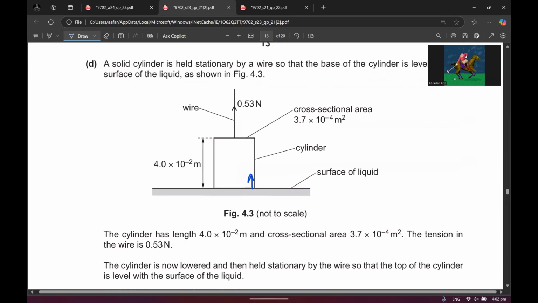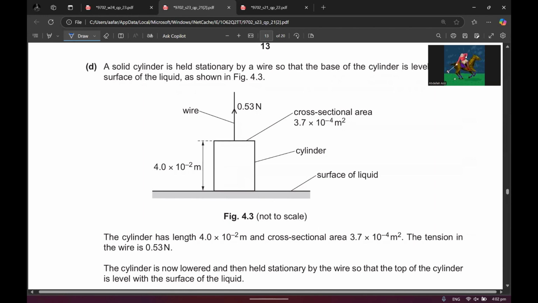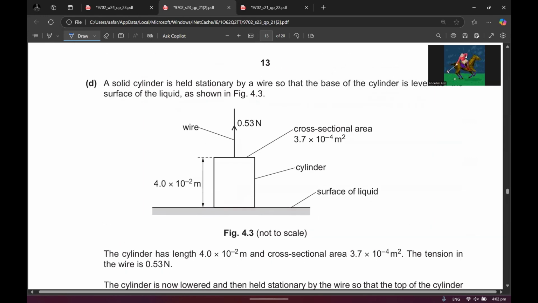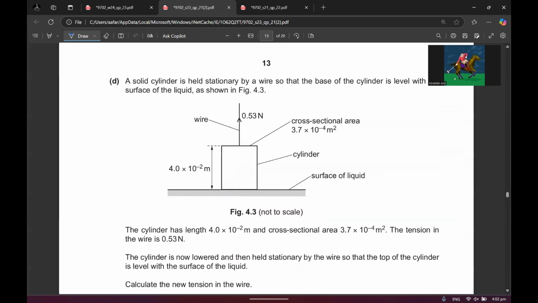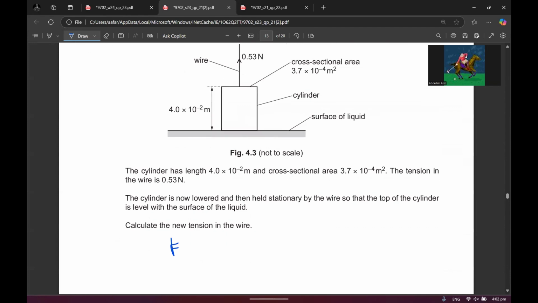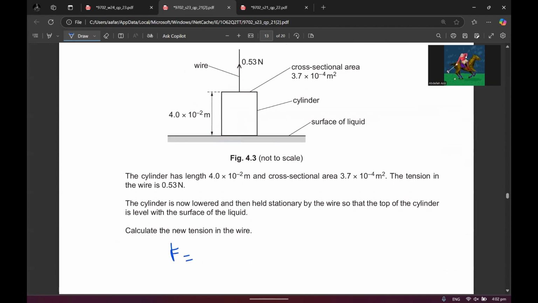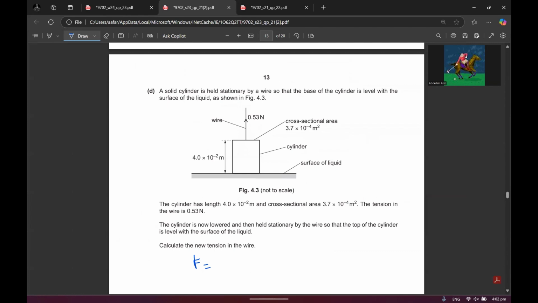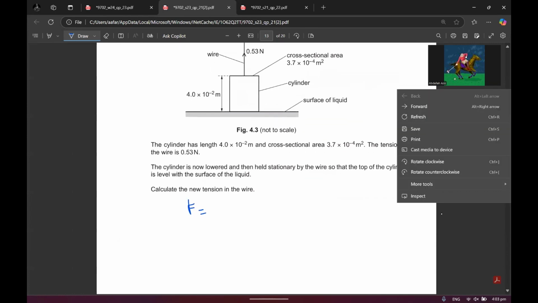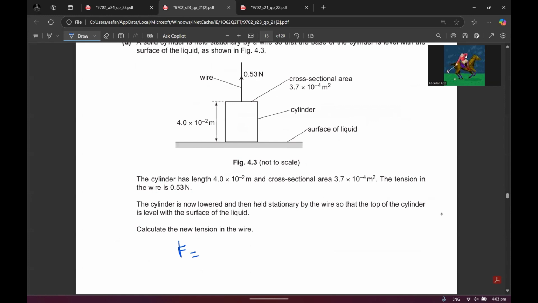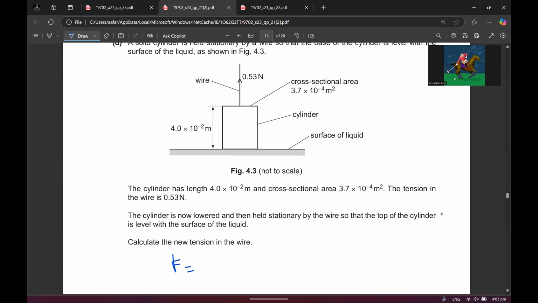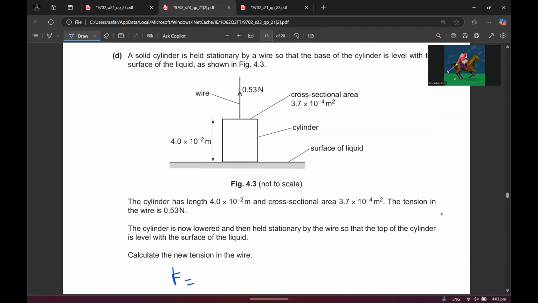The cylinder is now lowered and then held stationary by the wire, so that the top of the cylinder is level with the surface of the liquid.